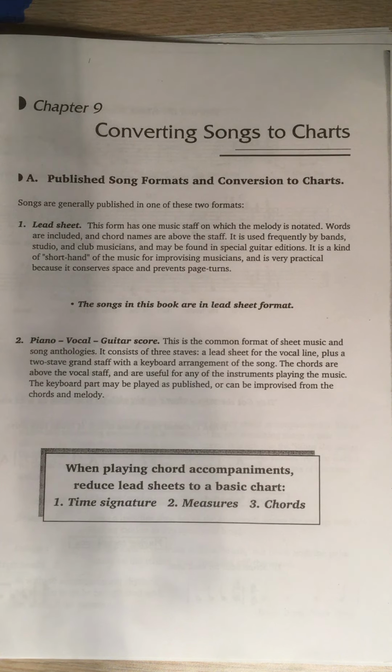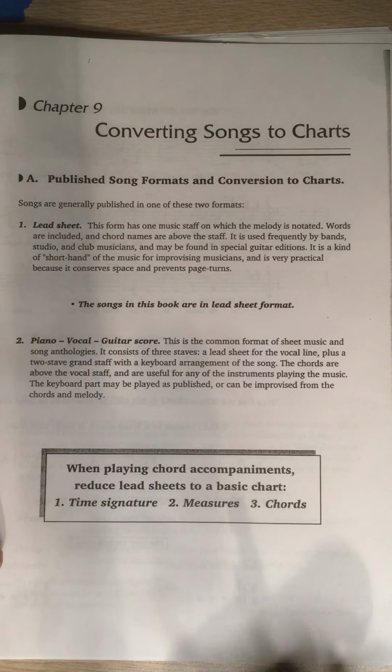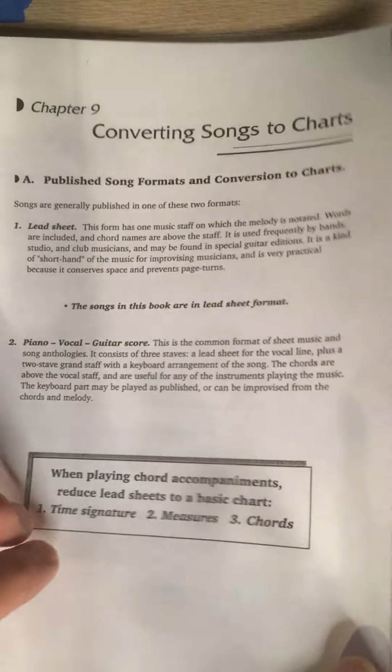Second, the measure lines, because that will tell me how long a particular chord is going to be played. G chord for 3 measures, for example. And then number 3, what chord do I actually play? So remember, these elements all need to be in your simple chord chart or your chord chart. It is the time signature, the measures, and the chords.